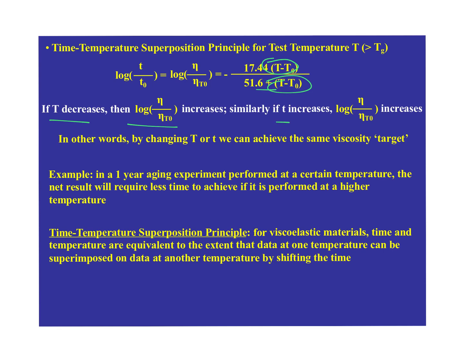Similarly, if T increases, then the log of those ratios also increase, and that hopefully also makes some sense. So in other words, by changing either temperature or time, we can achieve the same viscosity target if that's what we're wanting to do.